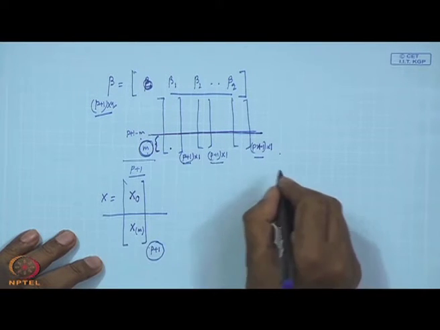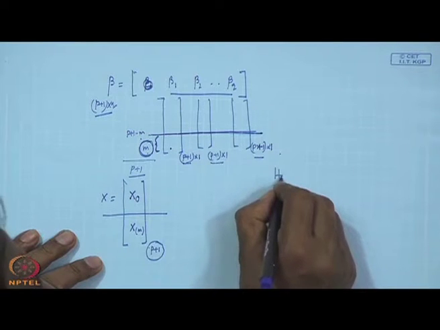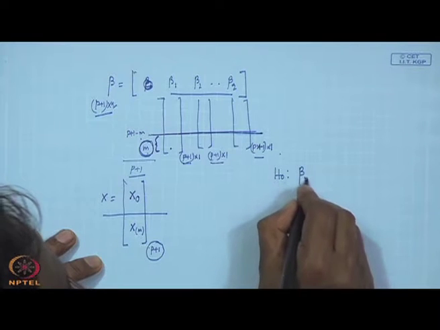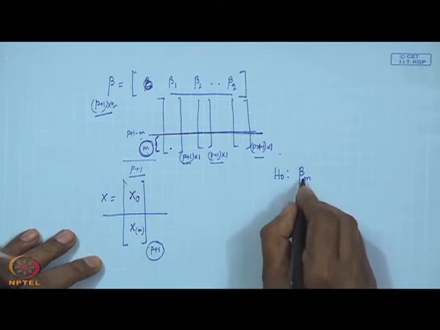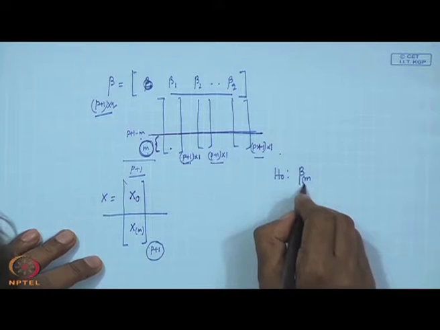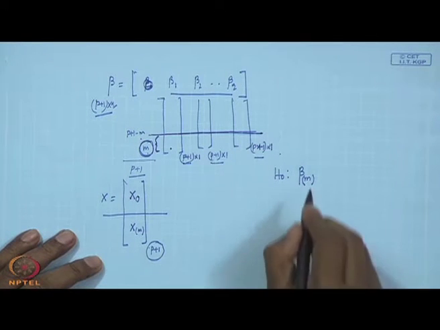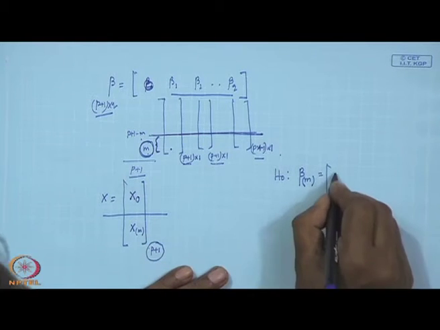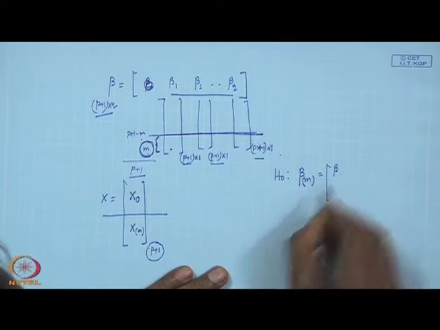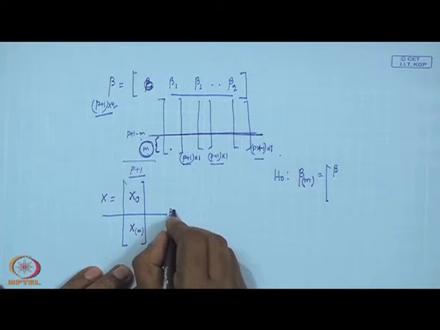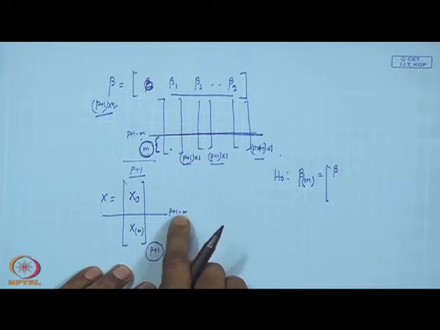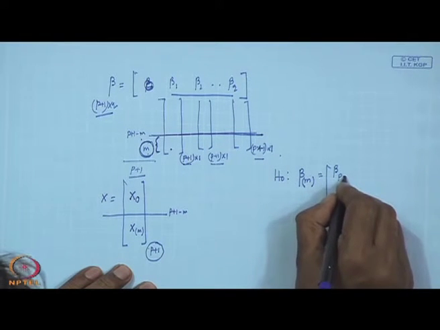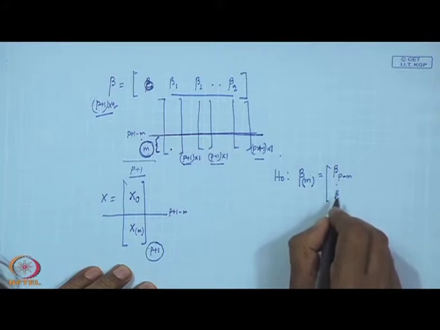So, under H0, that is the null hypothesis H0, we are saying that beta m is equal to beta p minus m plus 1 to beta p.